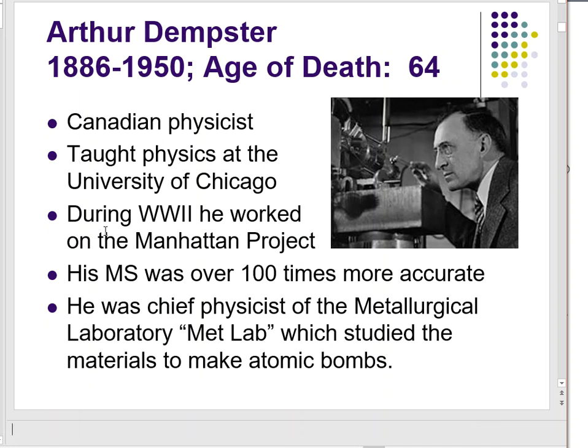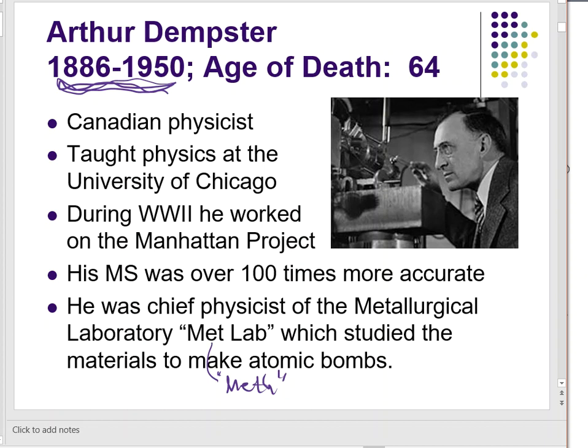He was also chief physicist of what they called the metallurgical laboratory, Met Lab. Notice this is not Meth Lab, it is Met Lab, which studied the materials to make atomic bombs. Thank you, Mr. Dempster, for giving us that bomb that caused such devastation and chaos. So 1886 to 1950s, that's kind of where we've been led to at this point. Passed away at 64.